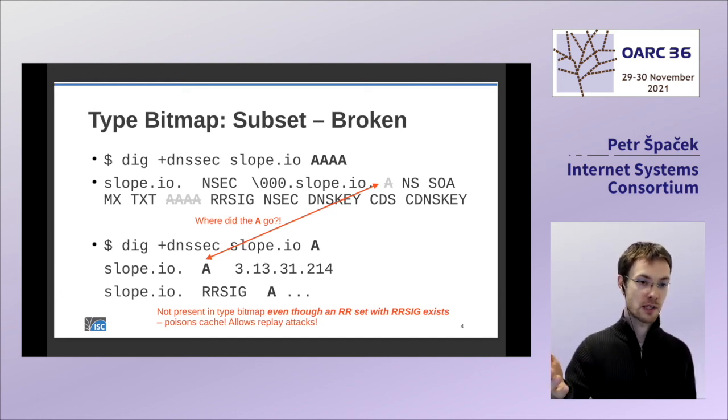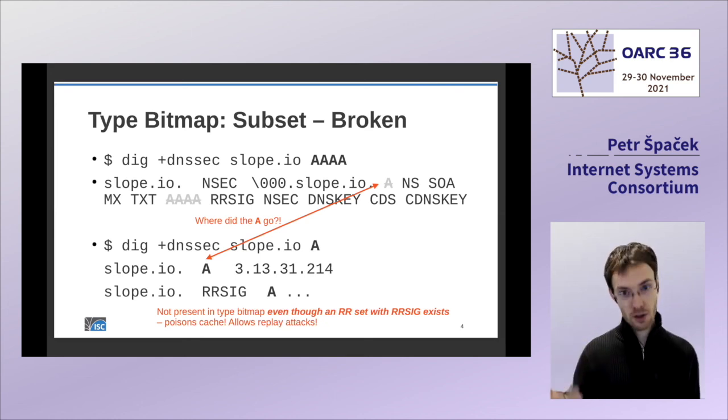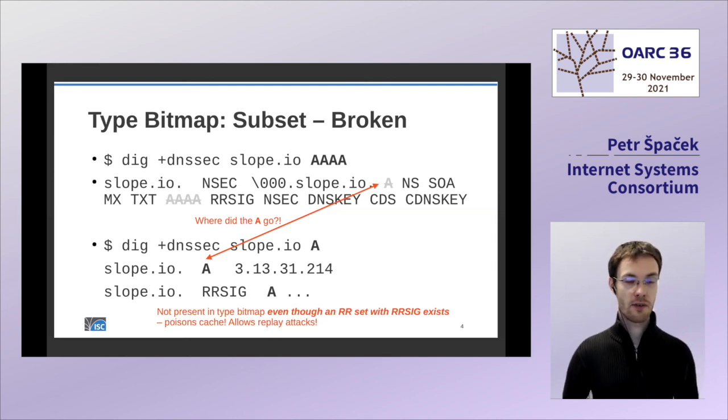That proof of non-existence gets put into the resolver's cache, and then the resolver moves on to resolve the A query. But the data is already in the cache, so the resolver happily synthesizes a no data answer, and obviously the site will be unavailable because I'm pretty sure that the domain owner didn't intend to send no data for A. So, next slide, please.